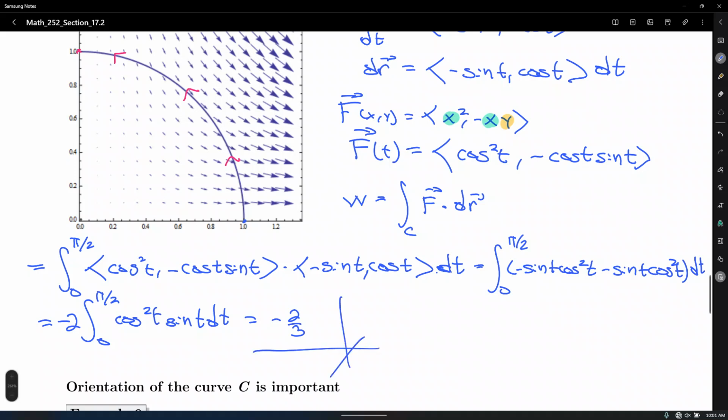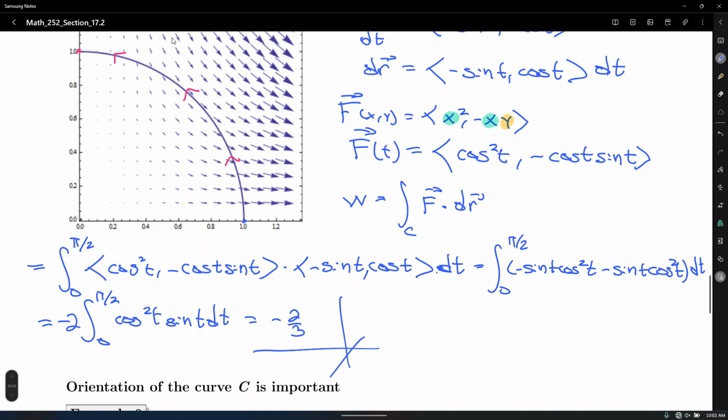Okay, so what's the difference between type 1 integrals and type 2 integrals? For type 1 integrals, actually we didn't care at all about the orientation of the curve, right? Because we were not integrating over a force field for which that orientation may affect the nature of the result.